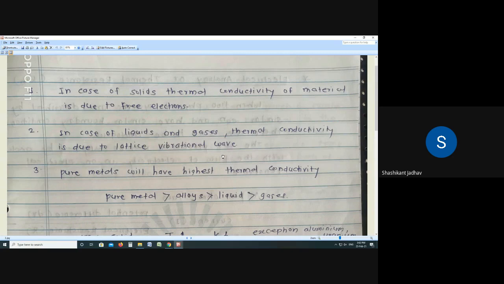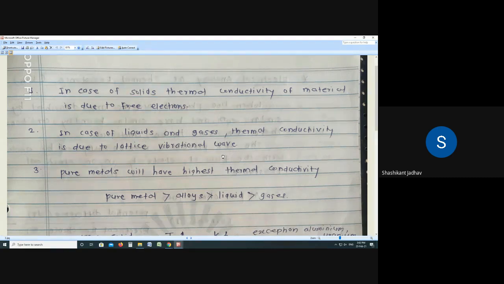Then, pure metals will have the highest thermal conductivity. We discussed yesterday that pure metal has the maximum number of free electrons, so the maximum heat transfer takes place.